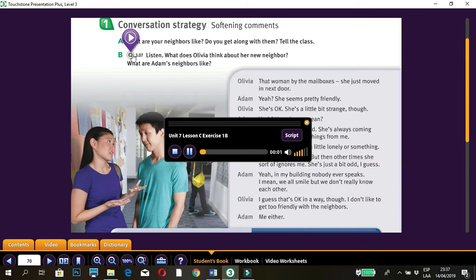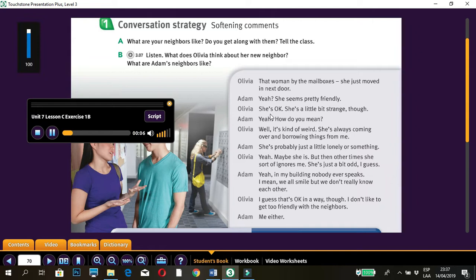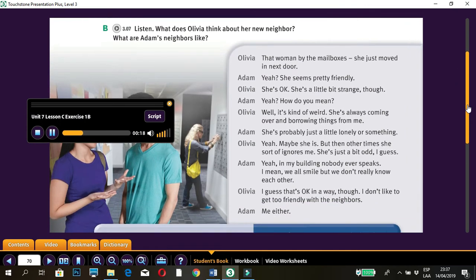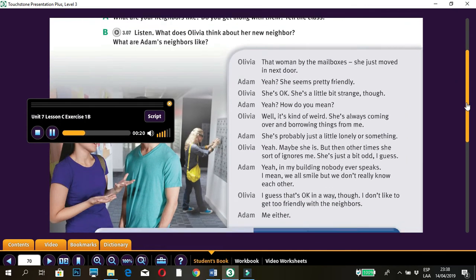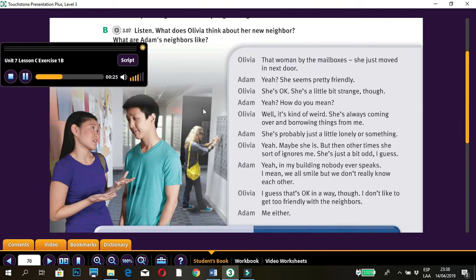Page 70. Lesson C. She's just a bit odd. 1. Conversation strategy. Softening comments. B. Listen. What does Olivia think about her new neighbor? What are Adam's neighbors like? That woman by the mailboxes, she just moved in next door. Yeah? She seems pretty friendly. She's okay. She's a little bit strange, though. Yeah? How do you mean?